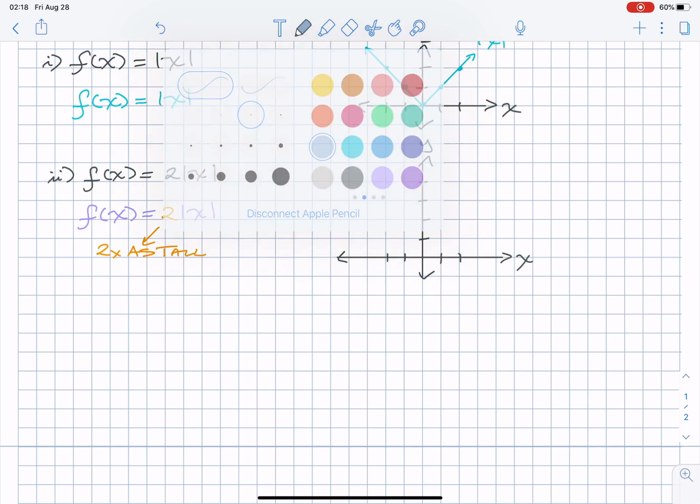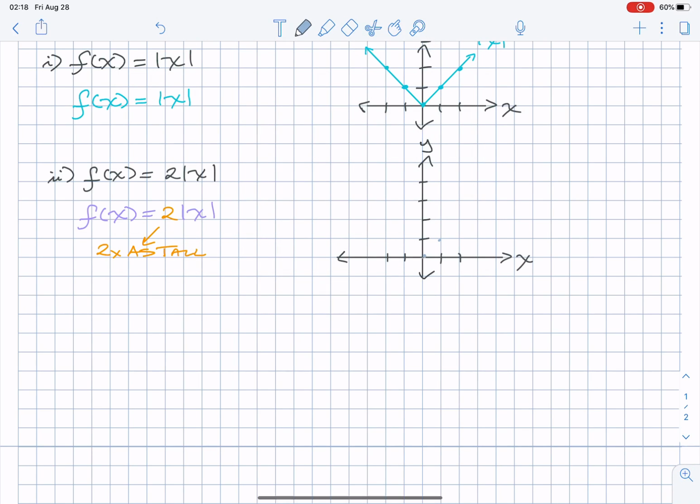So before we just had the v. So this would just be the original absolute value of x. It was just the v shape, with points at 0, 1, and 2, say.